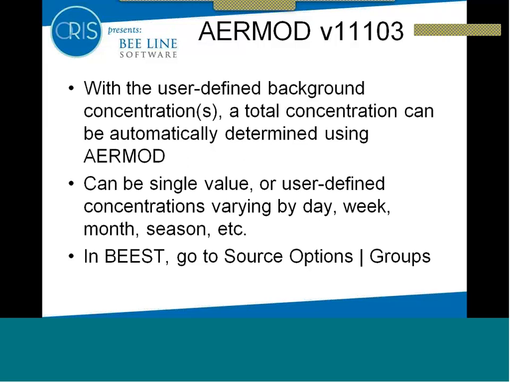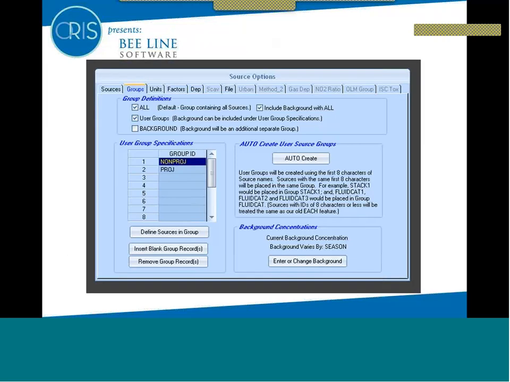If you remember the different ways you can do source scalars in AERMOD, it's the same thing: day, week, month, season, and so forth. And basically within BEAST, all you have to do is go to source options and group, which is this guy right here.